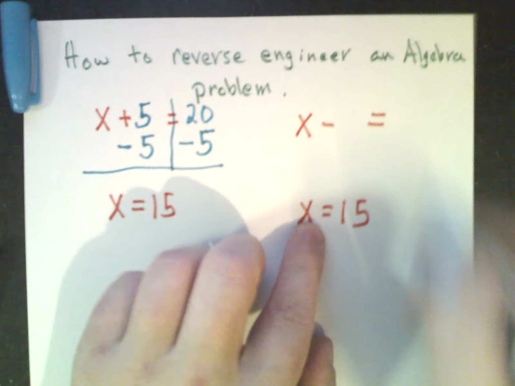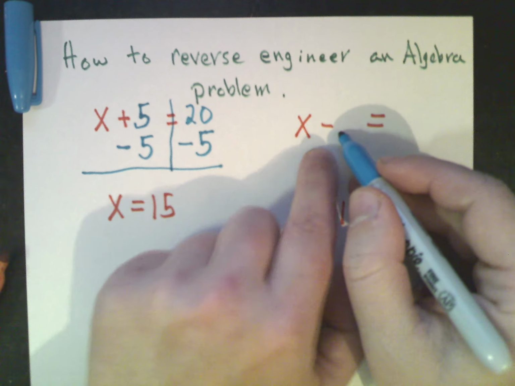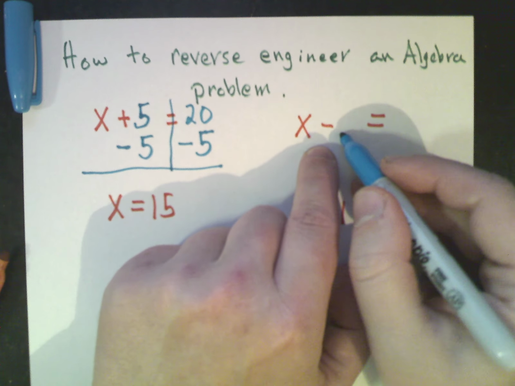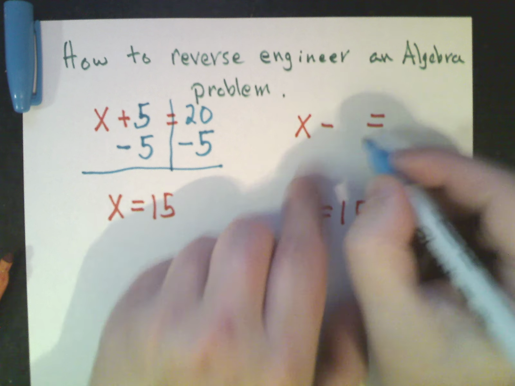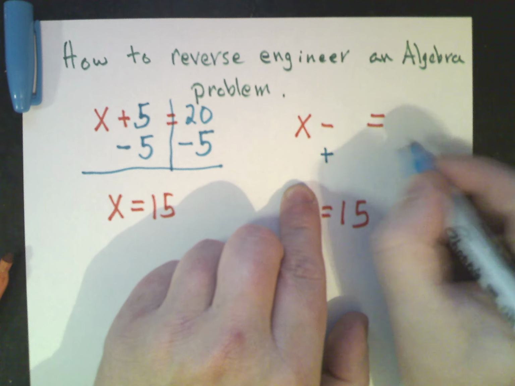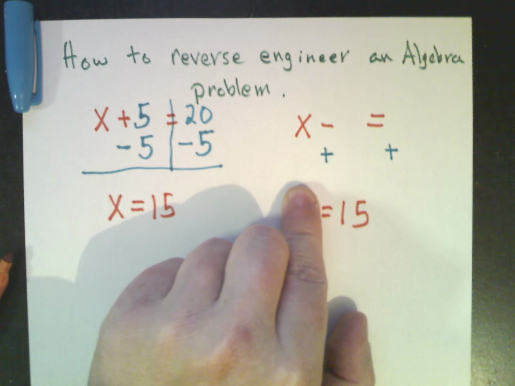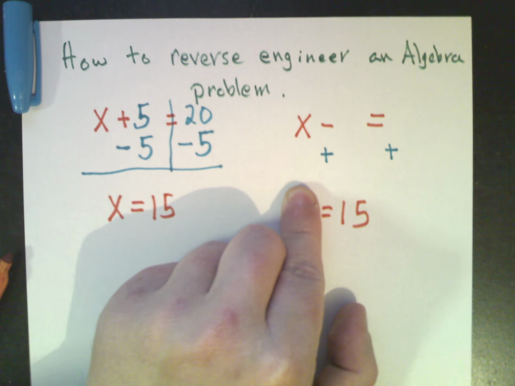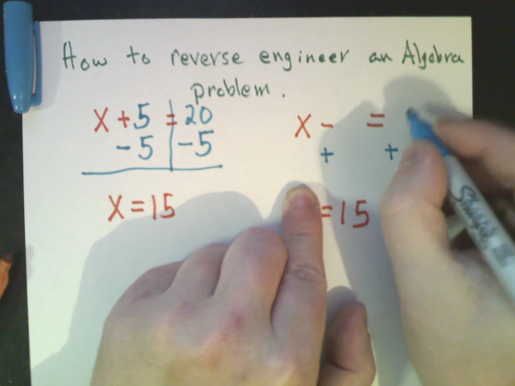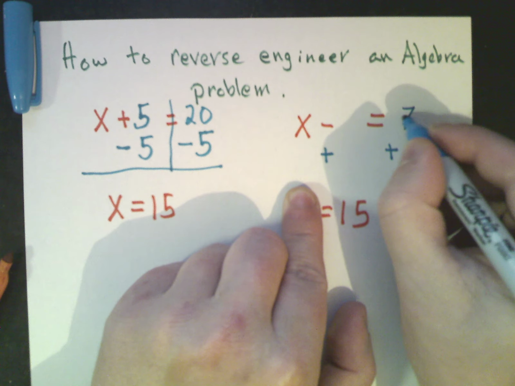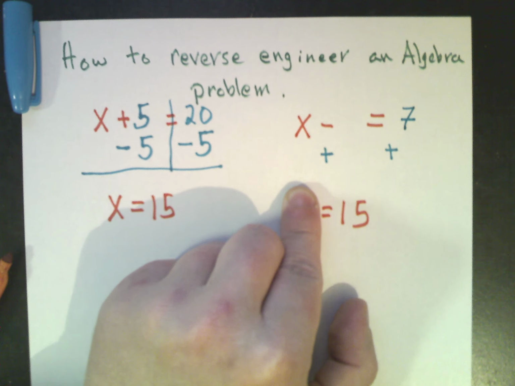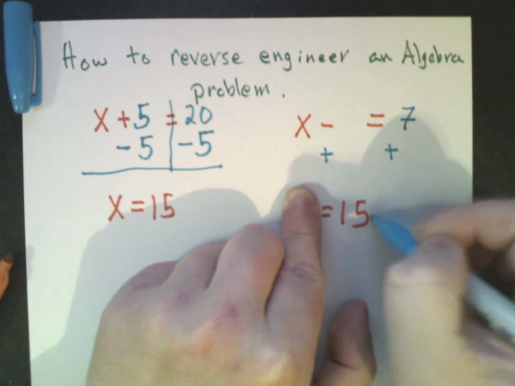So here we're going to go again. This time I'm going to try and use some subtraction, which means my inverse operation is going to be addition. Now, I'm going to pick a number. Don't want to pick a negative. No, let's pick a number like 7. 7 plus what equals 15?